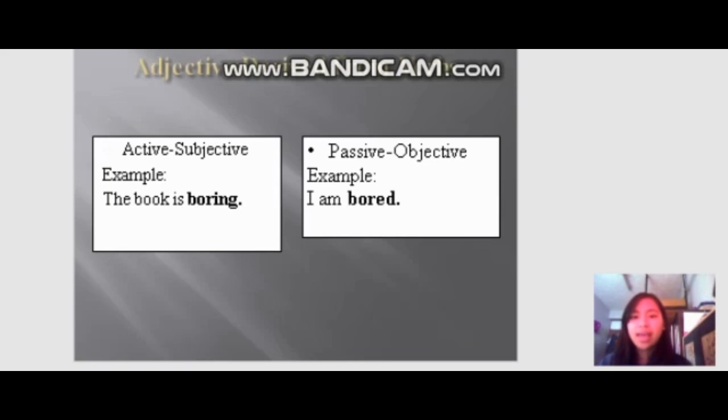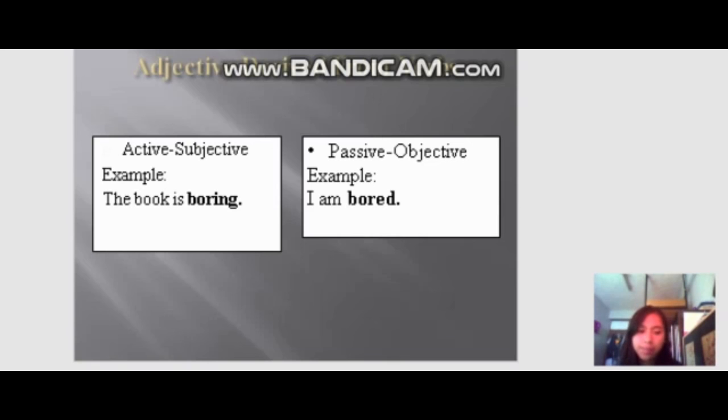Okay, next is adjectives derived from verbs. Most adjectives that are derived from verbs are either active subjective or passive objective. Another concept is that a verb has two participles. The present participle, with ing, is often active subjective.